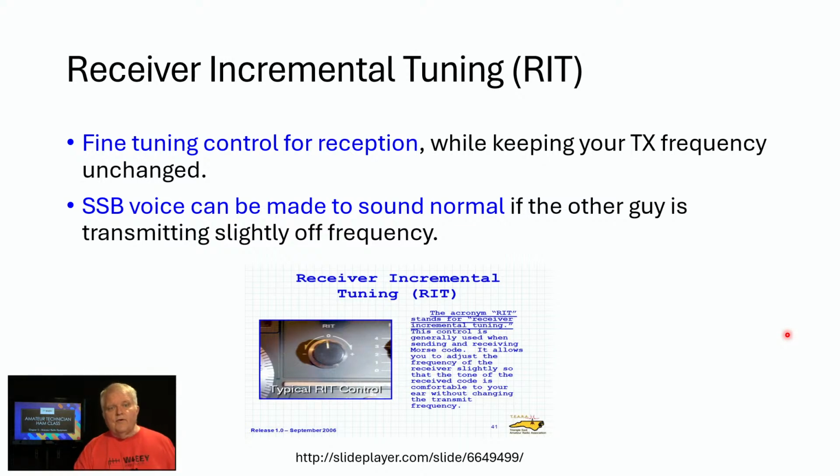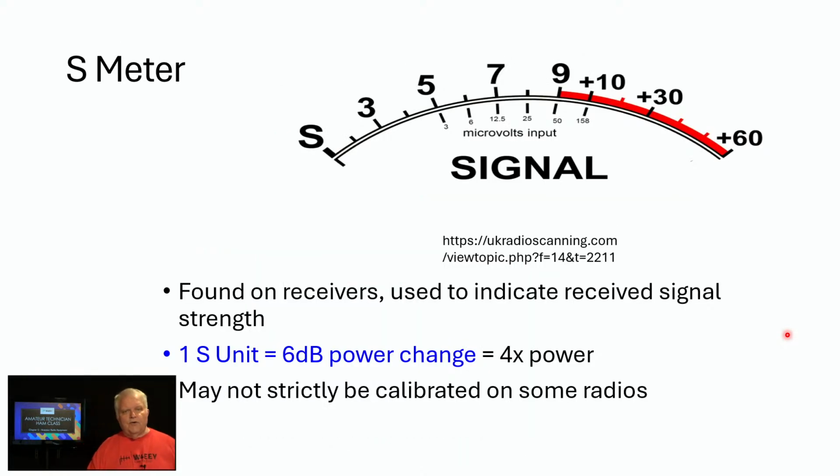And on receivers, you will have an S meter, stands for signal strength. S meter, signal strength, and it's calibrated in S units, S3, S4, S5, S6, S7, S8, S9, and then above that it's calibrated in decibels, plus 10 dB, plus 20 dB, plus 30 dB.